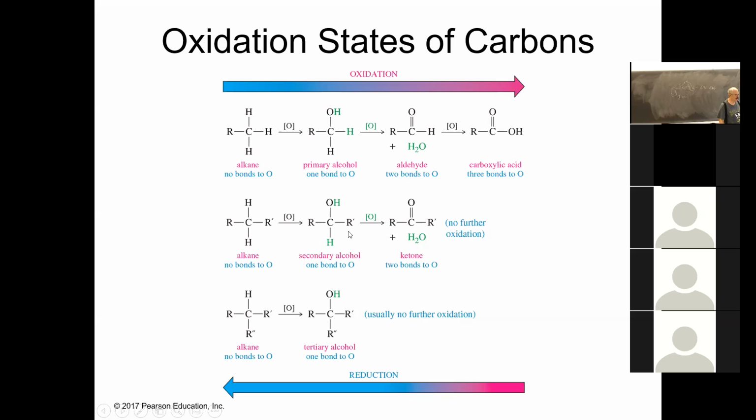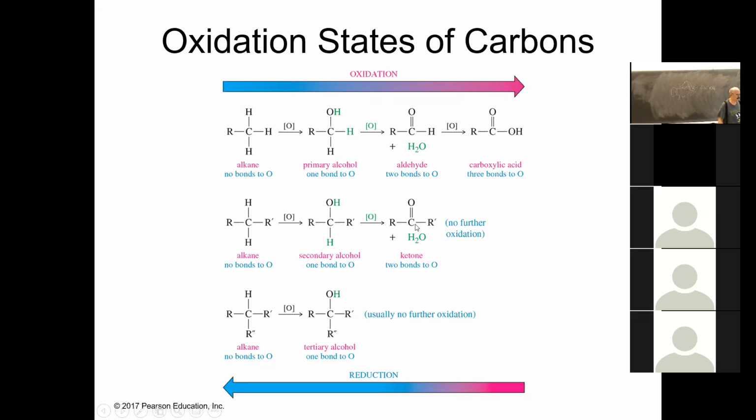When an alkane is oxidized to a secondary alcohol, again, that's a gain of an oxygen, so that's an oxidation. And going from a secondary alcohol to a ketone, we're losing 2 hydrogens.